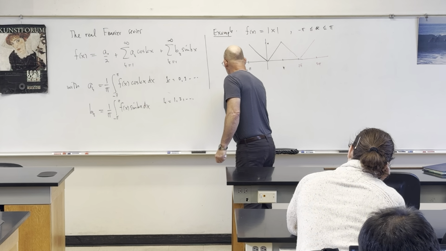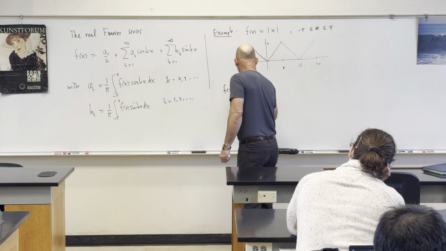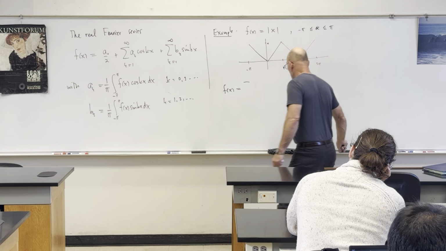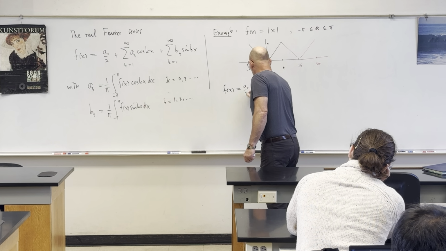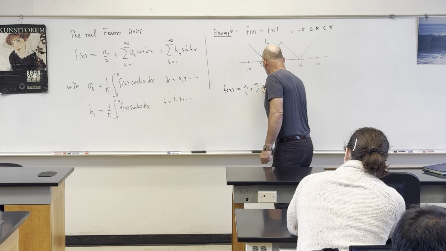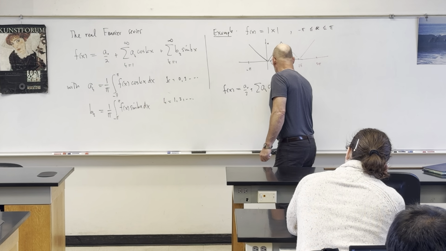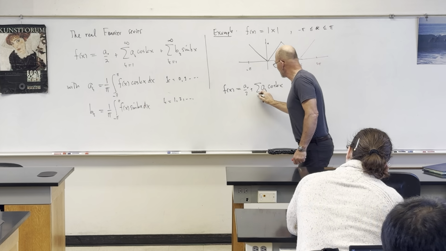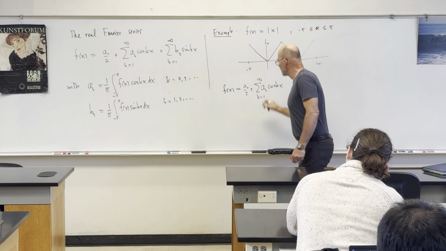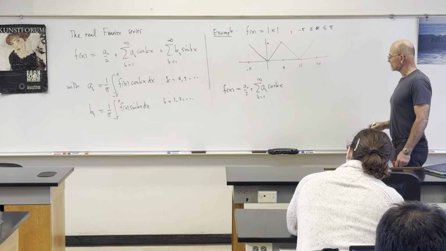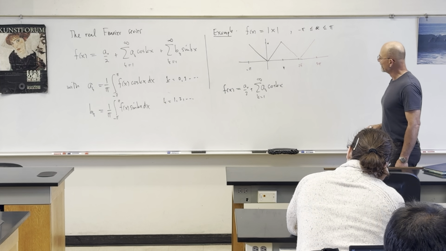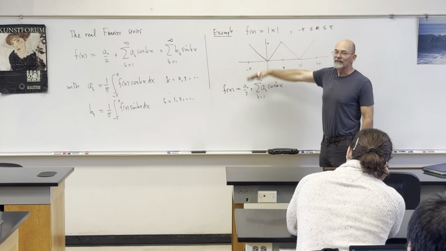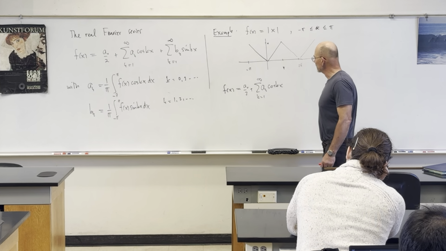So we're going to have f of x equal to a sub 0 divided by 2 plus the sum over a sub k cosine kx. And the a sub 0 over 2 itself is interesting, because that really just shifts the thing up and down. That's going to be an average value.